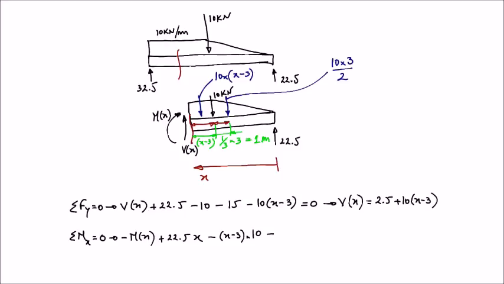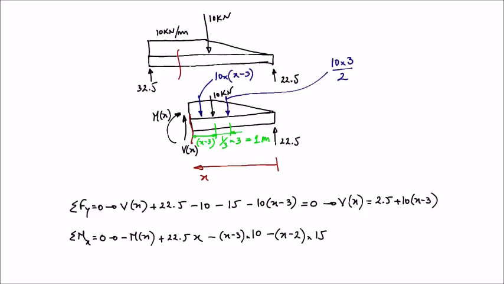So this makes the total distance x minus 2. And then we just need now to multiply this by the equivalent force, which is 10 times 3 over 2, which is 15. So we just need to multiply this by 15.